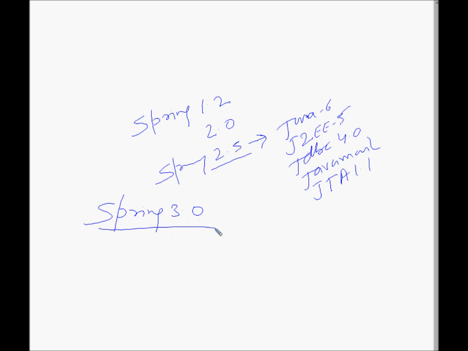If we talk about Spring 3.0, new things have been added in Spring 3.0. First of all, I can say it is revised with Java 5. The whole thing has been revised with Java 5. Like in Java 5 we have features such as generics, variable arguments, annotations and all.